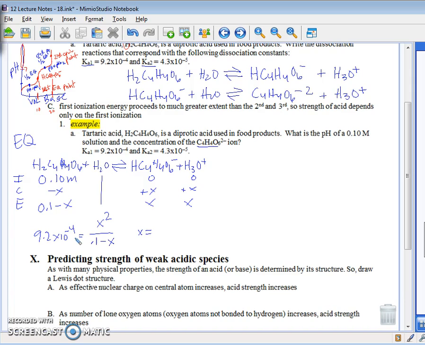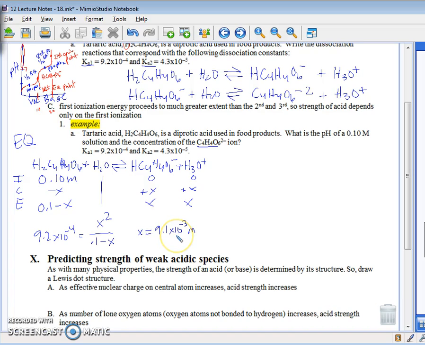How about 9.6 times 10 to the negative 3rd? I got 9.1 times 10 to the negative 3rd.